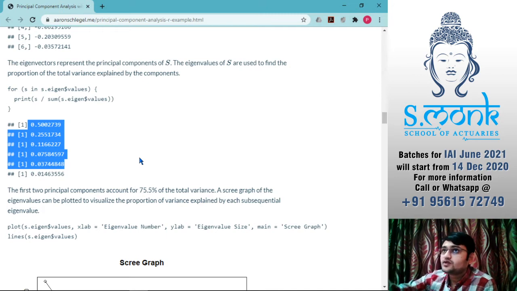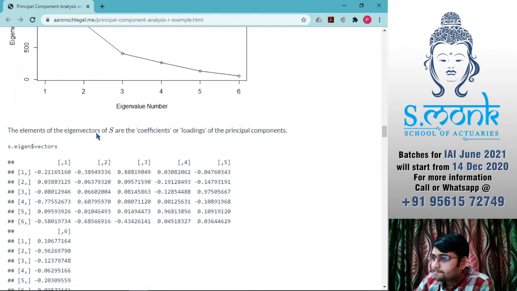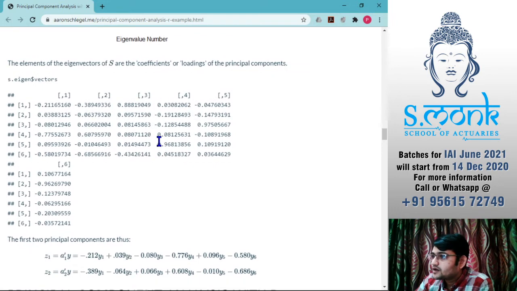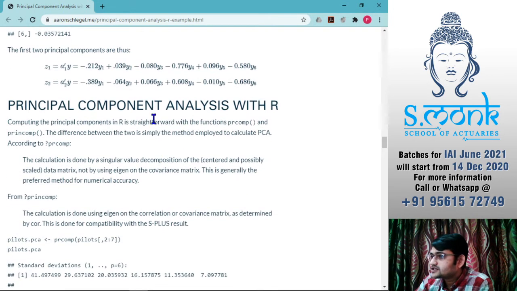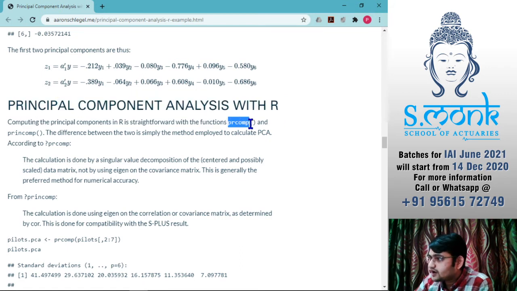So for that we will use PCA directly rather than finding eigenvalues directly. Principal component analysis with R. We'll say our function is prcomp. This is used for principal component analysis.